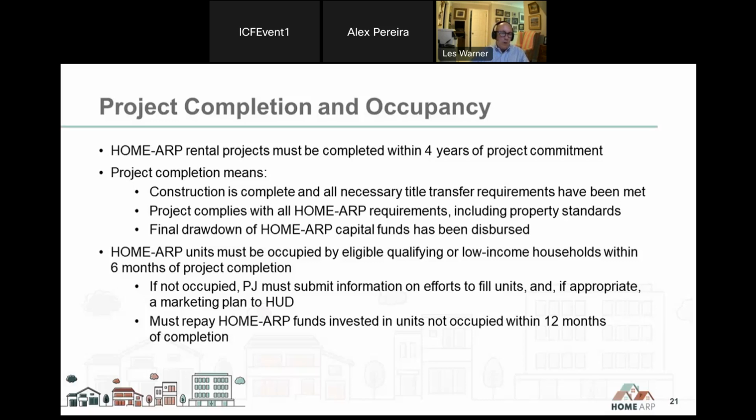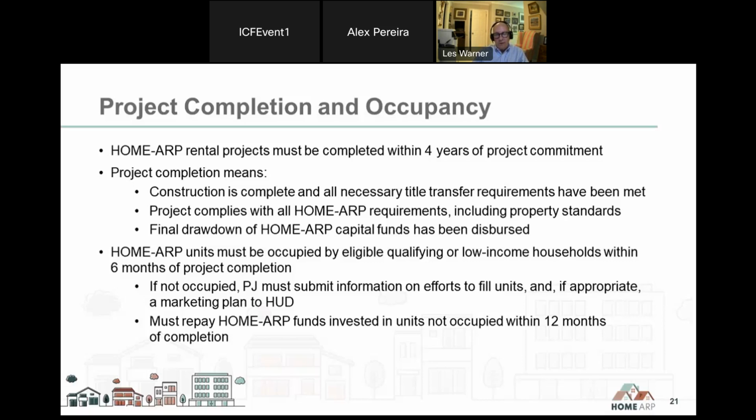And when we talk about how we define project completion, it means that all construction has been completed, any title transfer requirements that would be part of that project have been completed, but that project now meets all of the property standards. So we probably have an overlay of local, maybe state property standards, but also your HOME-ARP requirements. So all of those have been met, and the final drawdown for the capital funds for this project have been dispersed.